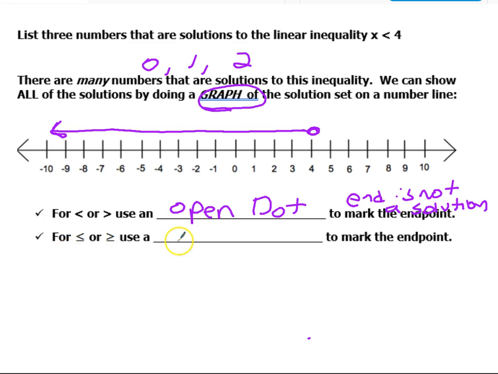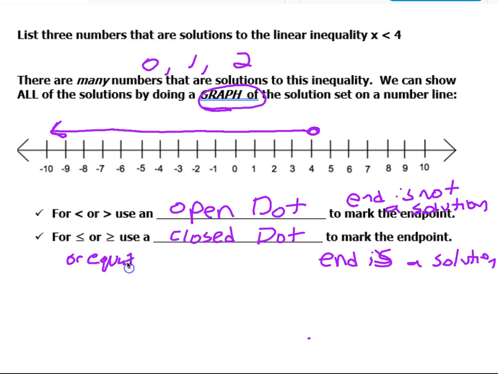For less than or equal to or greater than or equal to, we are going to use a closed dot because now our endpoint is a solution. If you have the or equal to, and that's what that line underneath means, it means or equal to, it's a closed dot. If you don't have the or equal to, it's going to be an open dot.